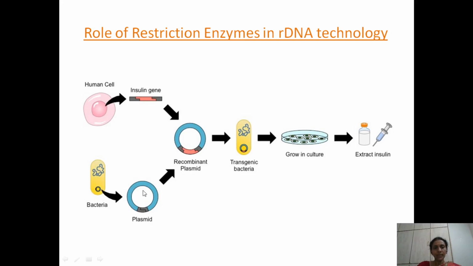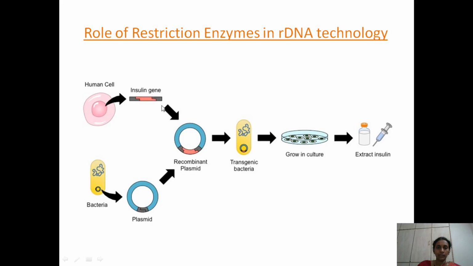Next, we have to cut the plasmid also, because only if we cut the plasmid can we insert this insulin gene. So in order to cut the plasmid also, we need restriction enzymes. See how important these enzymes are in rDNA technology. In order to cut DNA, we need restriction enzymes. In order to cut a plasmid, we need restriction enzymes. If we cut these two, only then are we able to join them.